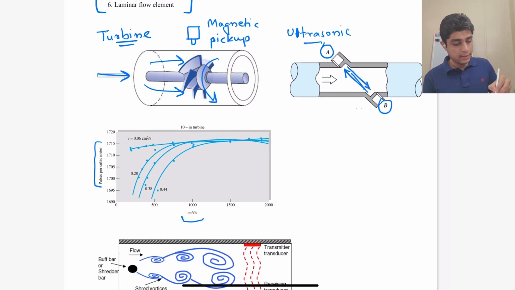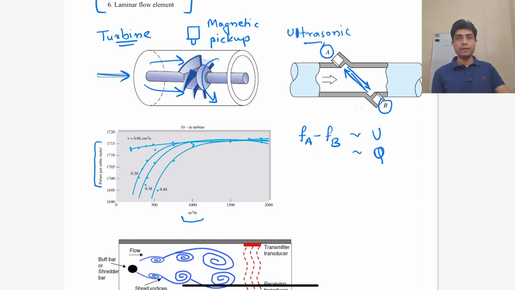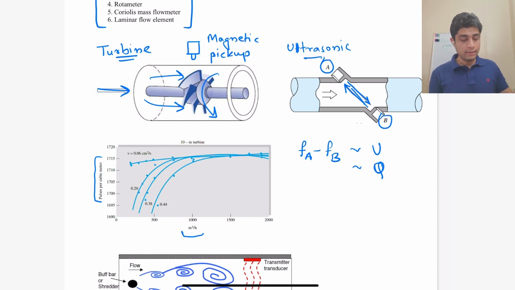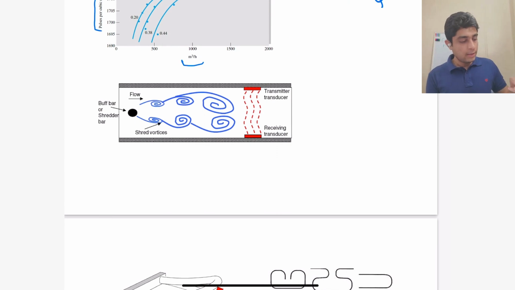If we measure the frequencies of these signals, their difference can be related to the velocity of the fluid flow, and this velocity gives us the flow rate if we multiply it by the pipe area. That's the simple principle, and again, this is a non-intrusive method of measurement. We do not obstruct the flow, we just need to install these sensors outside, so the losses are really negligible here.